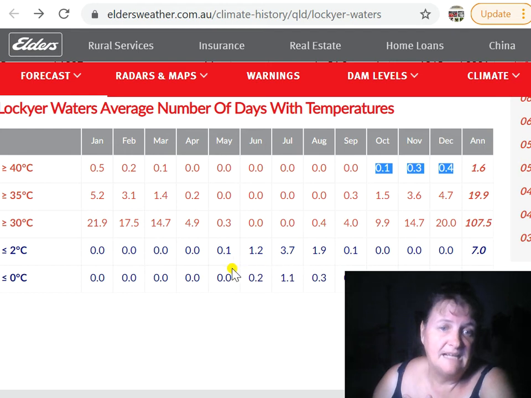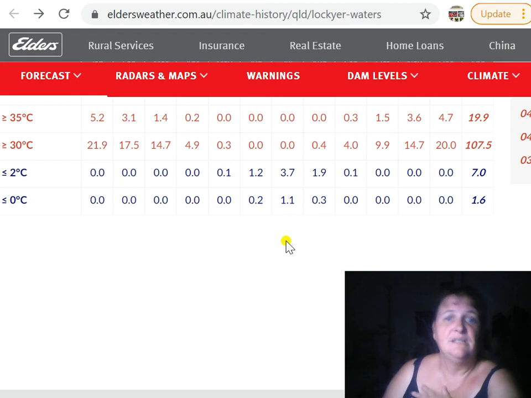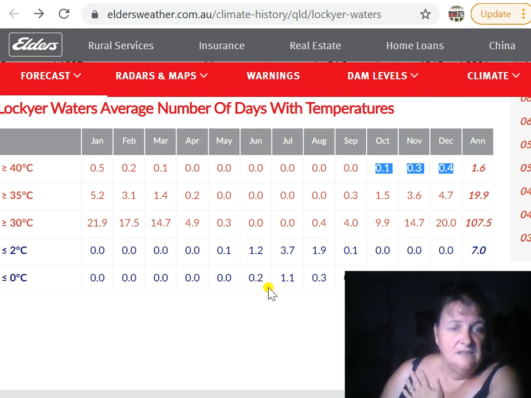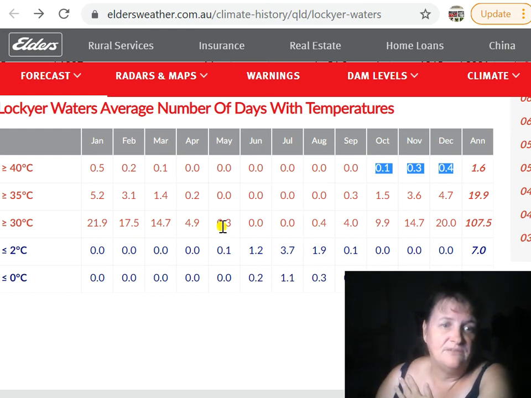And then days below 0, it looks like June through to August are the days that I'm likely to have below 0. So you can see there are some significant temperature swings through May to August. All the way from 30 degrees right down to 2 degrees. That's fairly significant.